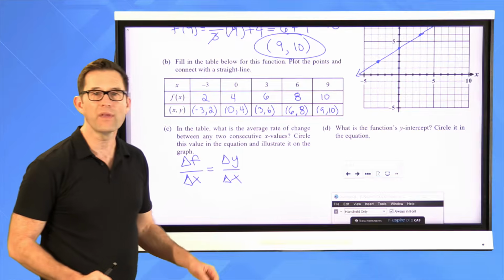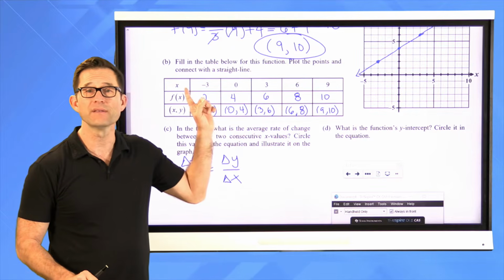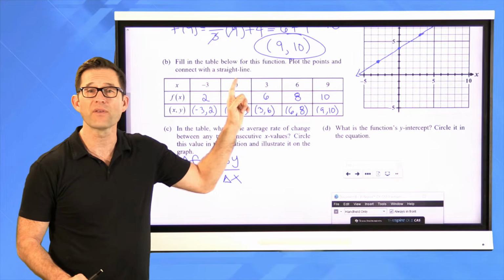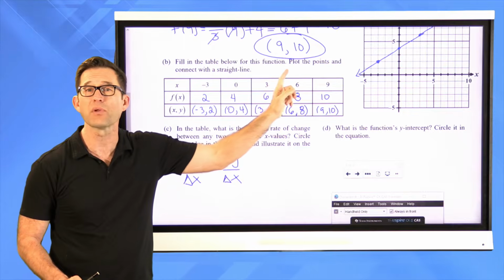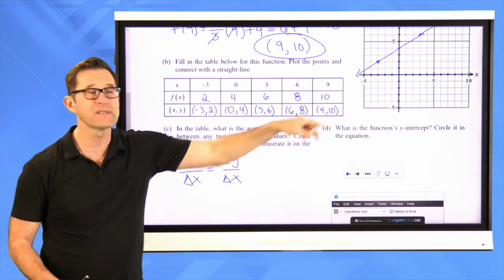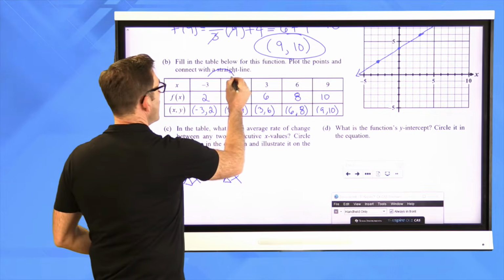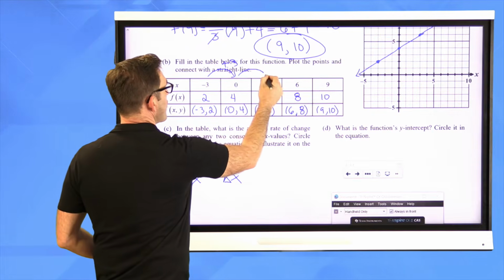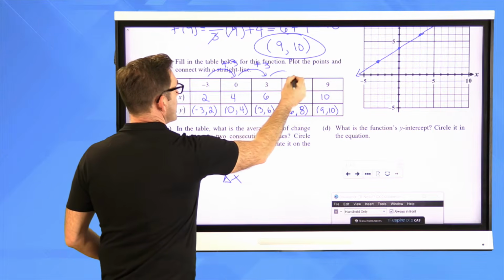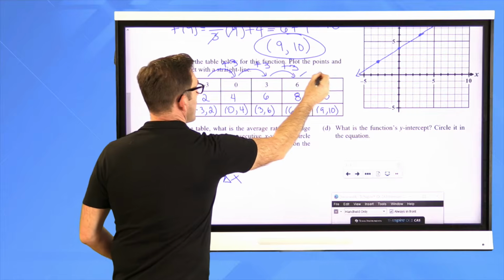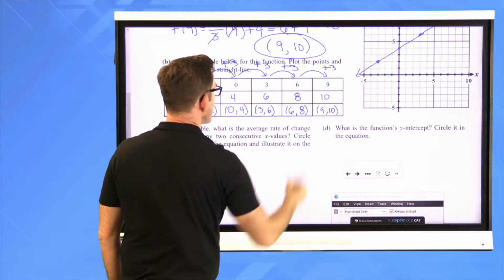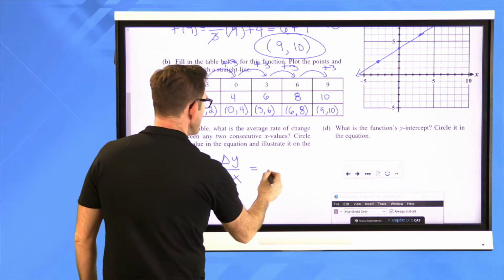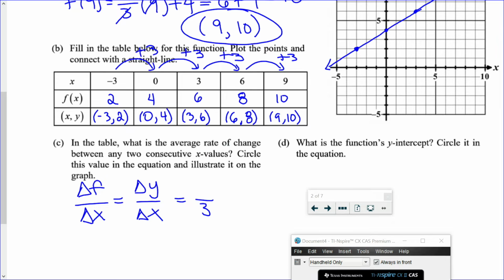Now, one thing I just want to illustrate is that the change in x in this table I've kept consistent, and it's always +3, right? Add 3, add 3, add 3, add 3. And I did that because that fraction has a denominator of 3. So my change in x is 3. On the other hand, when I look at my change in y, I'm adding 2 each time.